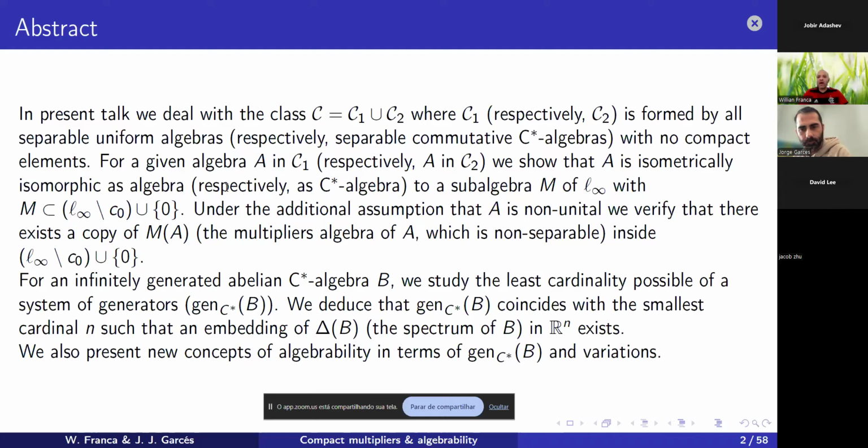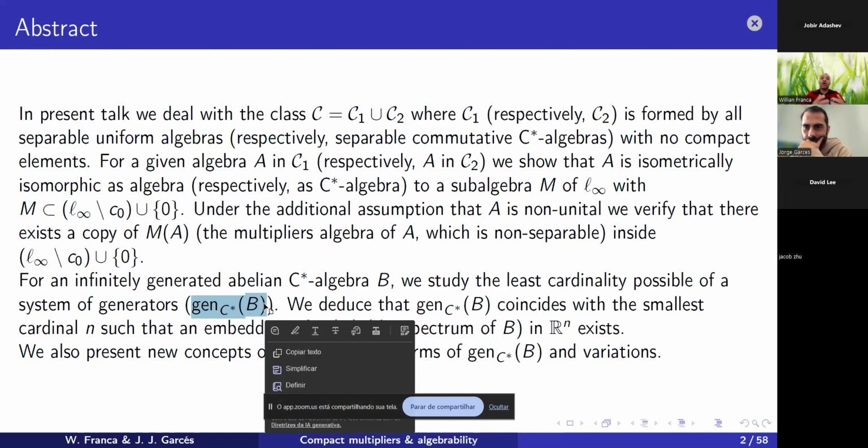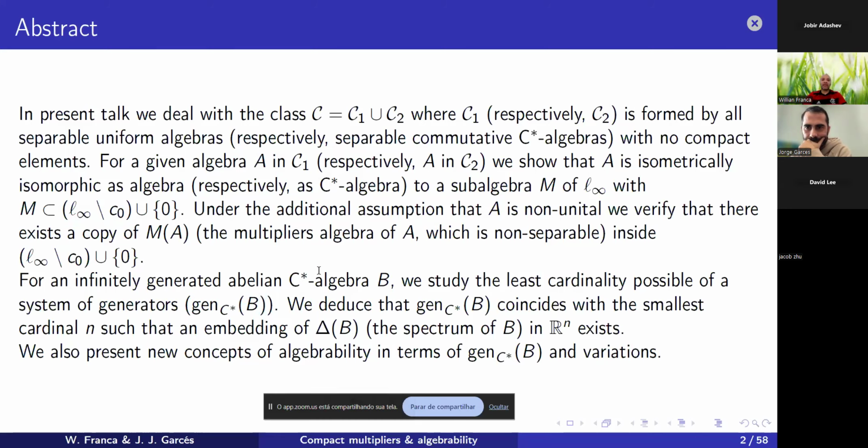From our methods, we are going to be able to consider certain algebras in terms of the possible cardinality of a set of generators. We will also be able to generalize one very famous result, which is due to Nagisa, which talks about some sort of embedding. But I'll explain the details throughout the talk.